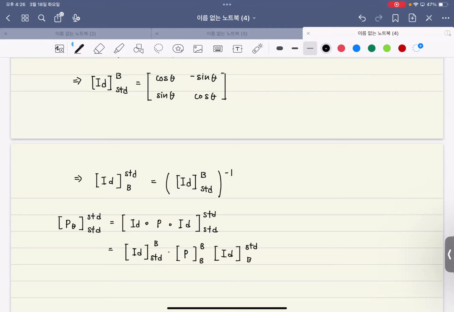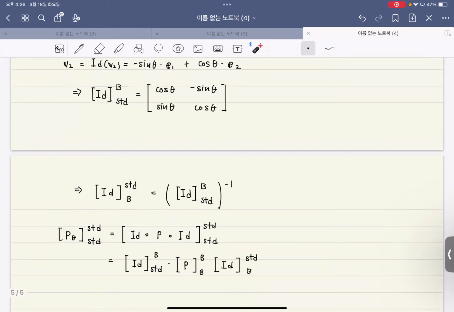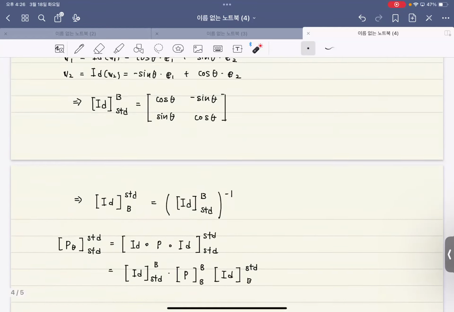All right. So this is exactly like reducing fractions. This guy, they cancel out. This guy, they cancel out, and so you get this. Okay, so we are almost done.